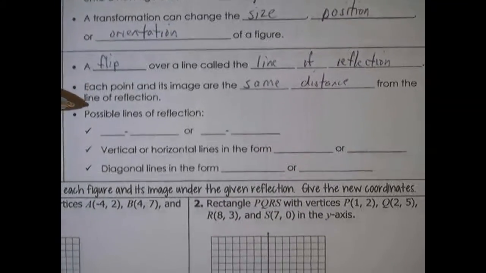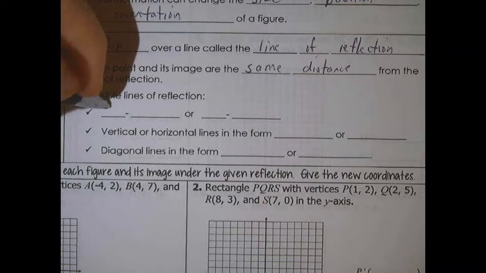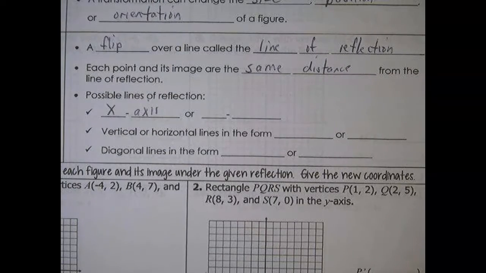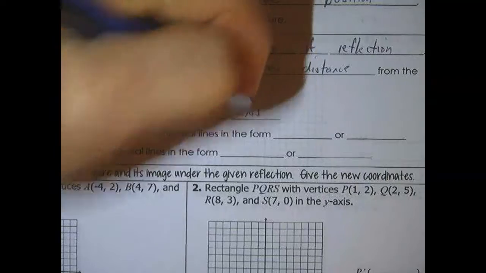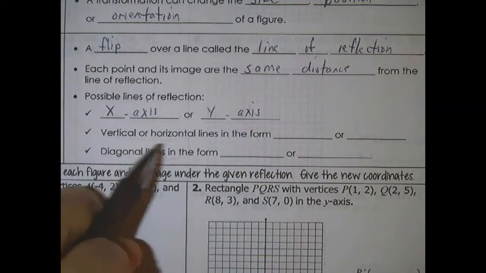Okay, now there's 4 lines that you should review and you should be good at and understand what they are before we talk about reflections. One of them is the x-axis. Another one is the y-axis. Another is a vertical or horizontal line.